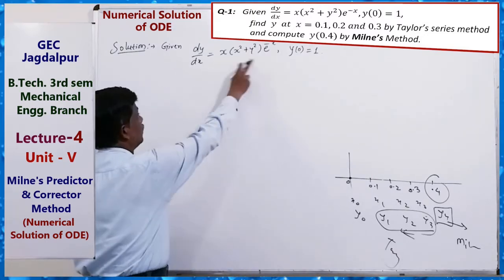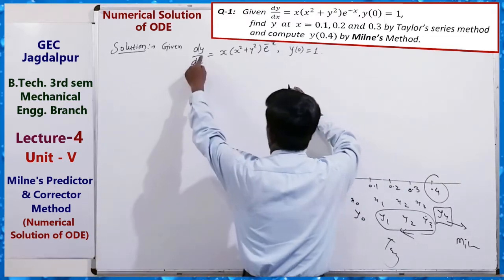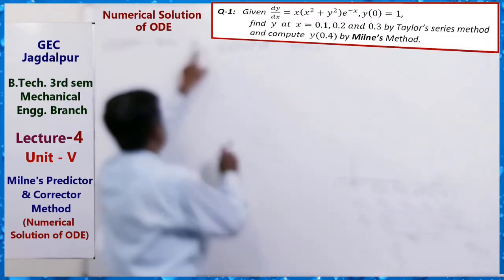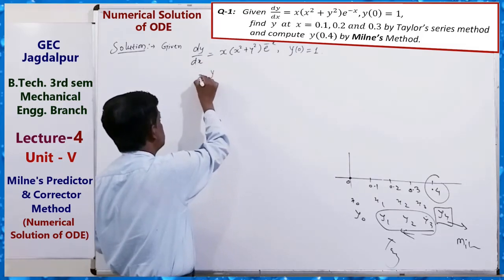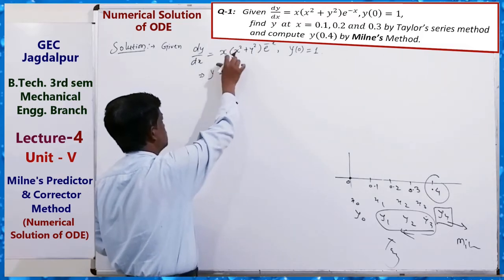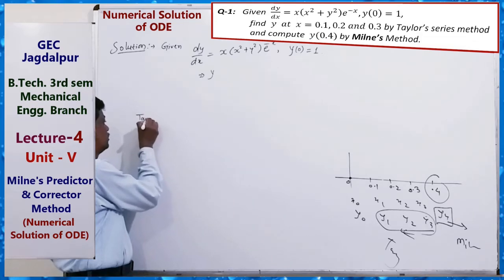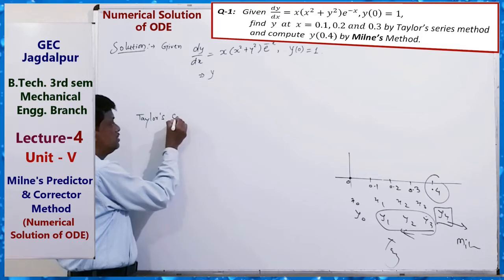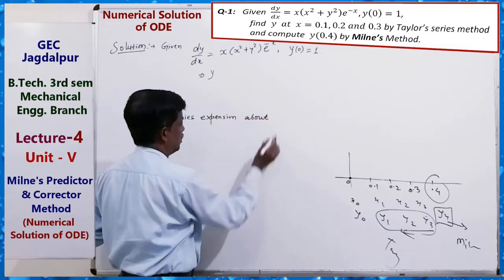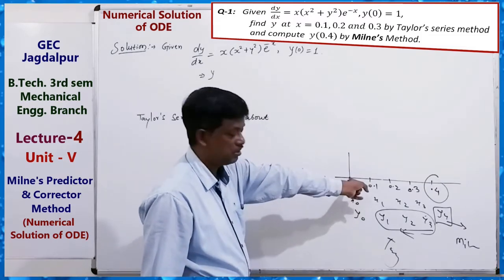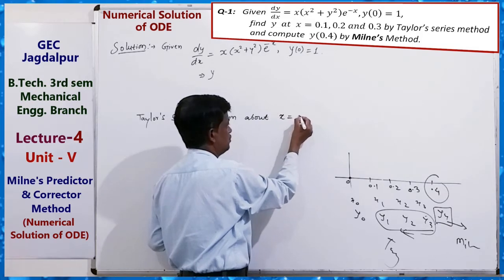Here this is given, and y dash equals to dy by dx. So we know our first formula, the Taylor series expansion about x equal to x0, here x equals to 0.